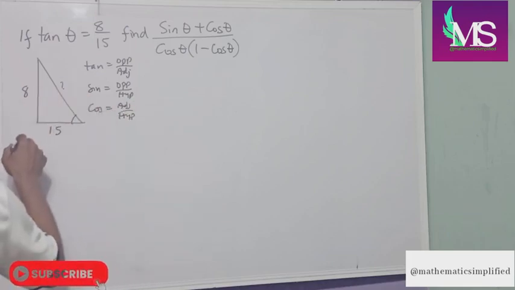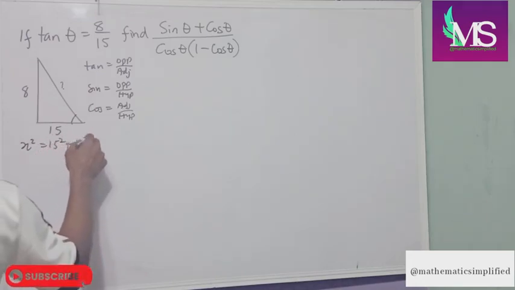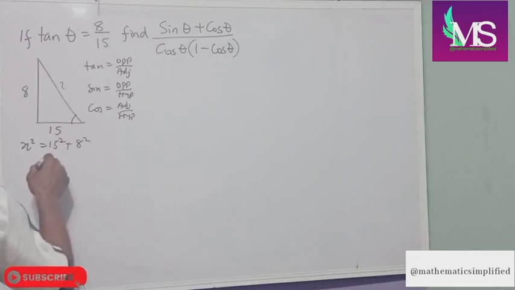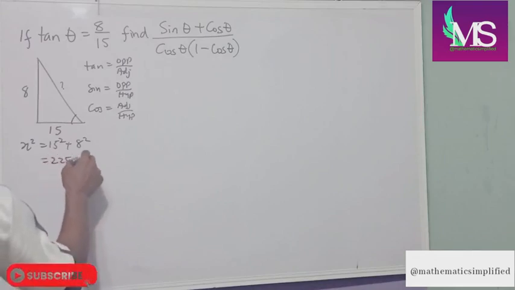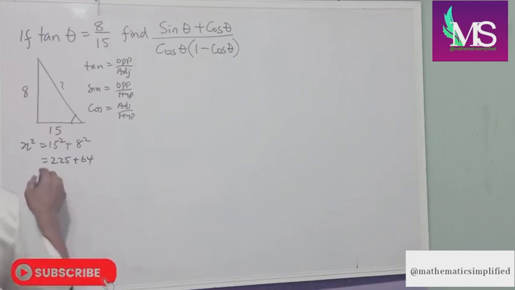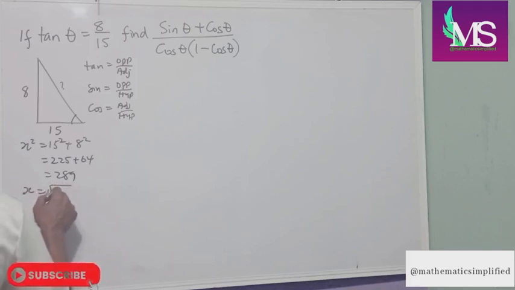So this will become x squared equals 15 squared plus 8 squared. And 15 squared is 225 plus 64. That will give us 289. So x equals square root of 289, which will give us 17.